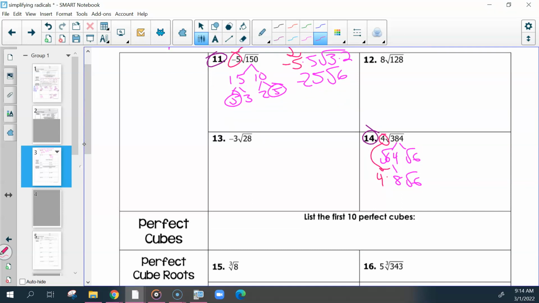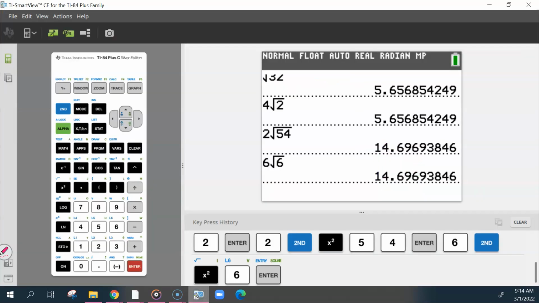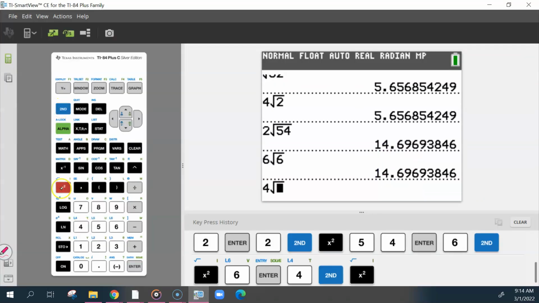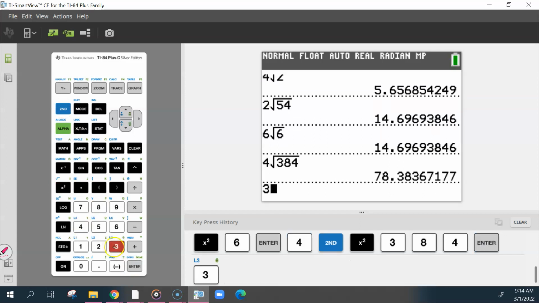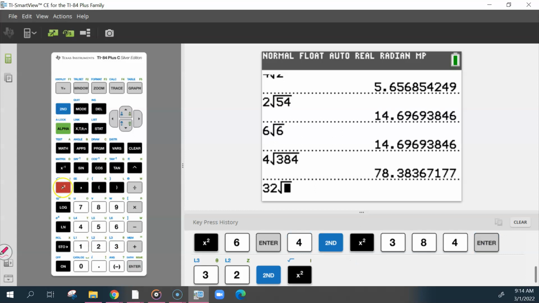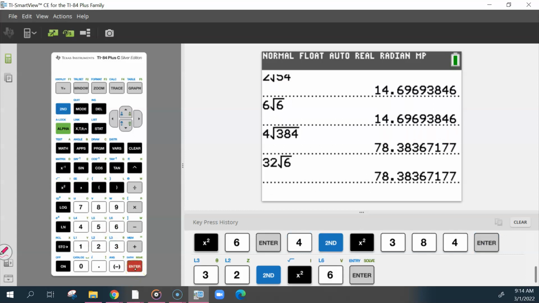Not 32. I'm going to put that in the calculator, make sure we got the same answer. So 4 times the square root of 384 and 32 times the square root of 6. Beautiful.